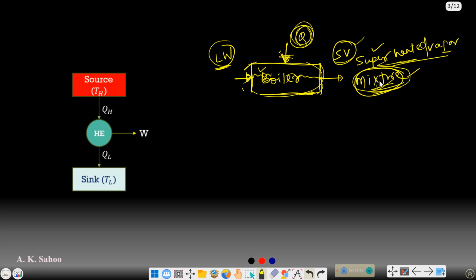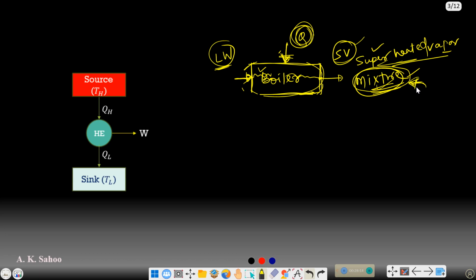We have already discussed this when we were discussing pure substances. Definitely, we will be adding heat to any liquid, in this case water. First of all, the sensible heat will be added, and as a result the temperature of the liquid will increase.